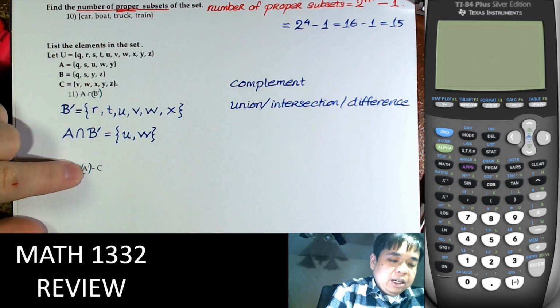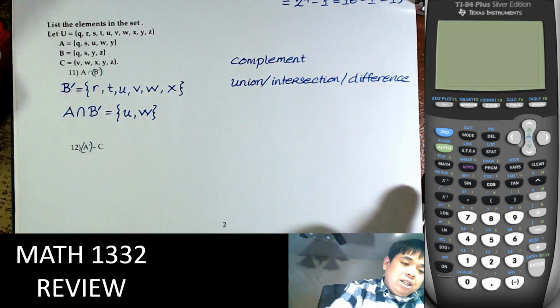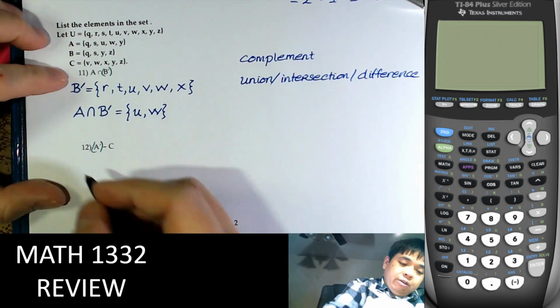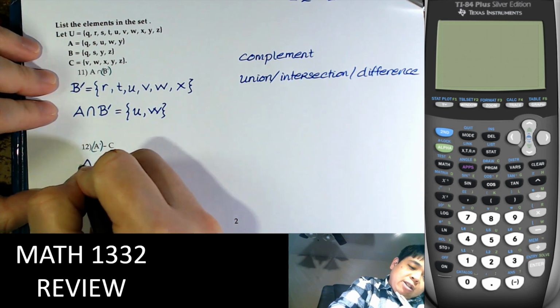Right. So A complement minus C. First, this is A. We have to do the complement of A first.